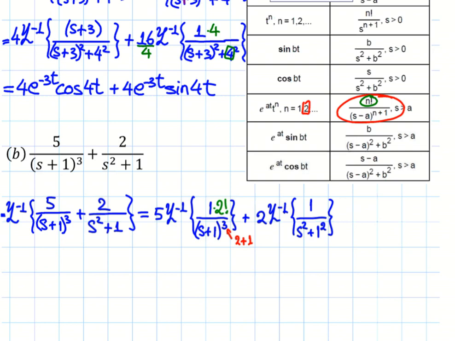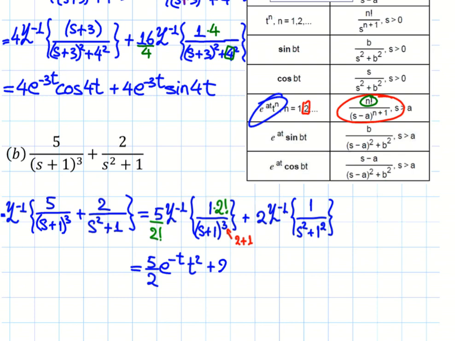We cannot just multiply; we have to keep things balanced, and so we have 5 over 2. The transform on the left-hand side is e to the at, where a is negative 1, and then t to the n power, and n is, again, 2.